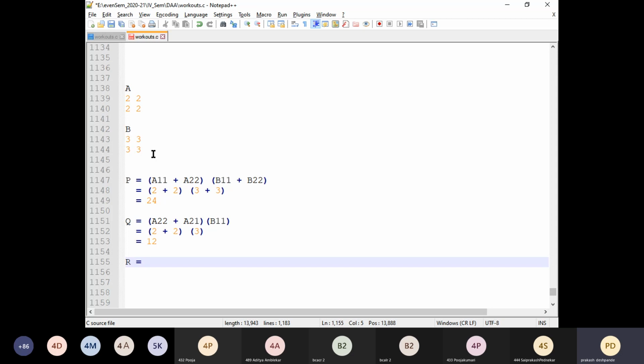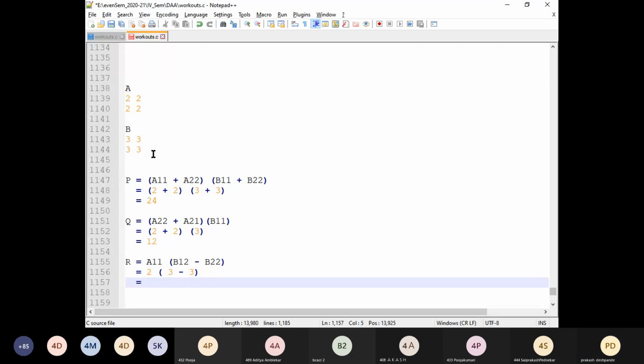Next formula, R. R is equal to A11 multiplied by B12 minus B22. If you put the values here, A11 is 2 multiplied by 3 minus 3. How much do we get? 0.